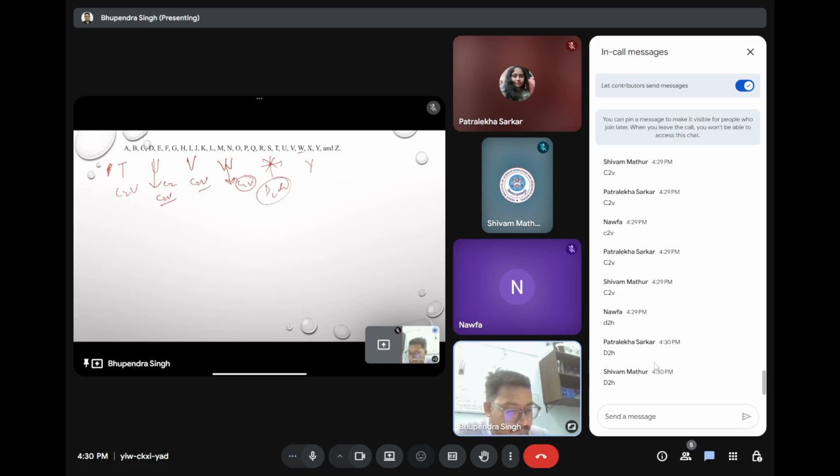Y. Okay, if I draw this Y, like this Y, the point group will be different than this Y. Try to find out the point group of both of these.